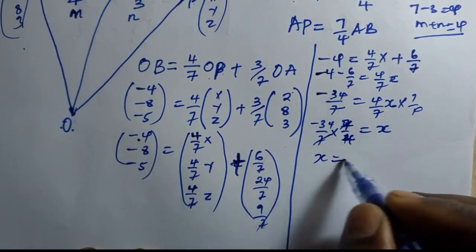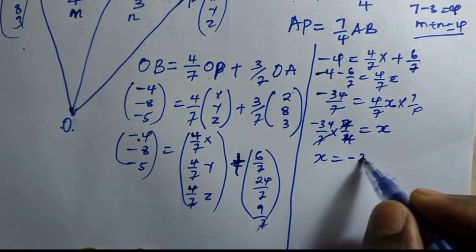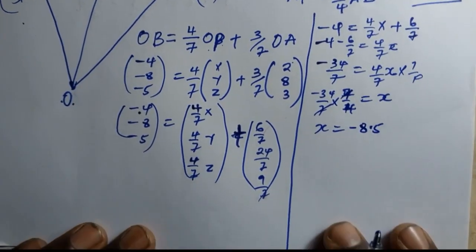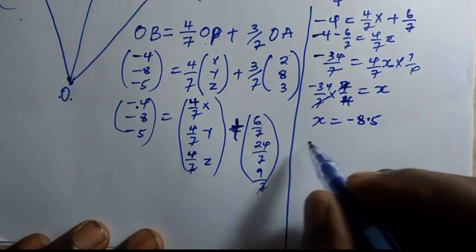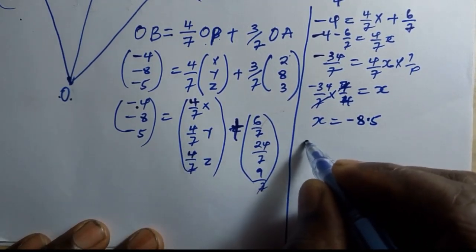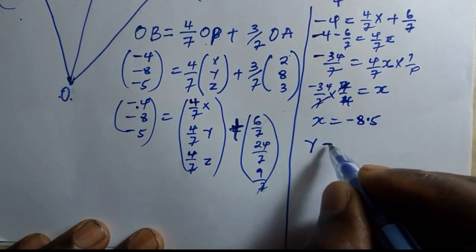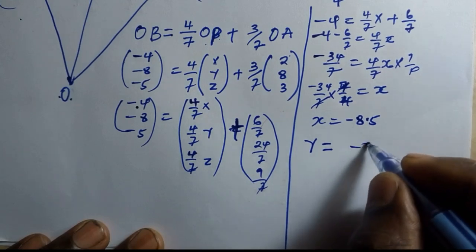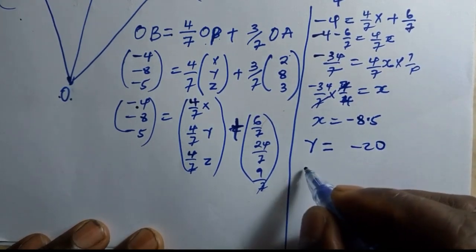So x utapata ni negative 8.5. Unafanya the same for y, ambayo utapata is equal to negative 20. Utafanya the same for z.